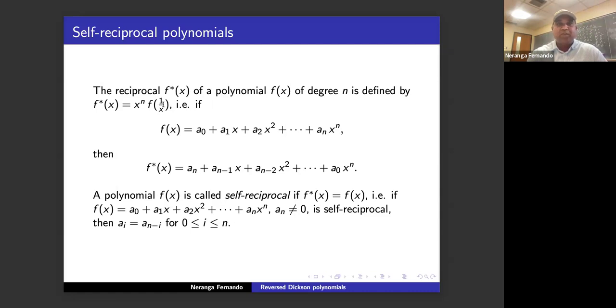Given a polynomial, you replace x by 1 over x and multiply by the monomial whose degree is the degree of the polynomial. That's how we define the reciprocal. And if the reciprocal is equal to the polynomial, we call it a self-reciprocal polynomial. As I said, you can use these polynomials to construct cyclic reversible codes.